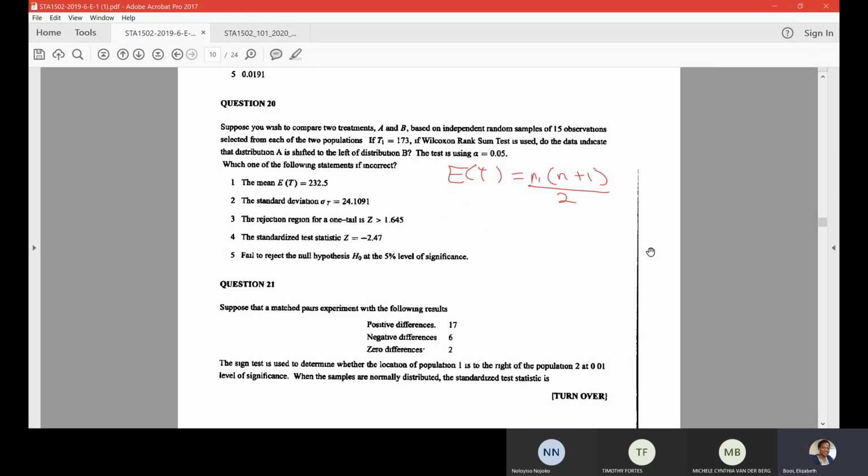Then you will calculate your standard deviation, which is the square root of n1 n2 times n plus 1 divided by, I think, 12.